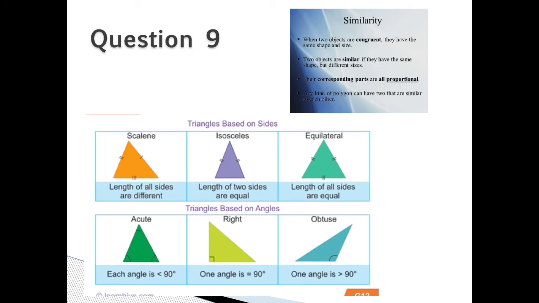If you had an equilateral triangle, the lengths of all sides are equal. If you have an acute triangle, each angle is less than 90 degrees. If you have a right angle triangle, one angle is equal to 90 degrees. And if you have an obtuse triangle, one angle is greater than 90 degrees.